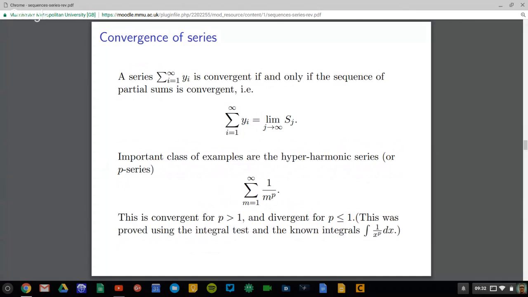So the steps are evaporating, getting smaller and smaller without any lower bound, but there's enough weight in them such that when you add them all up, you still have a divergent series, something which is growing without any upper bound. That's slightly paradoxical when you meet it for the first time.